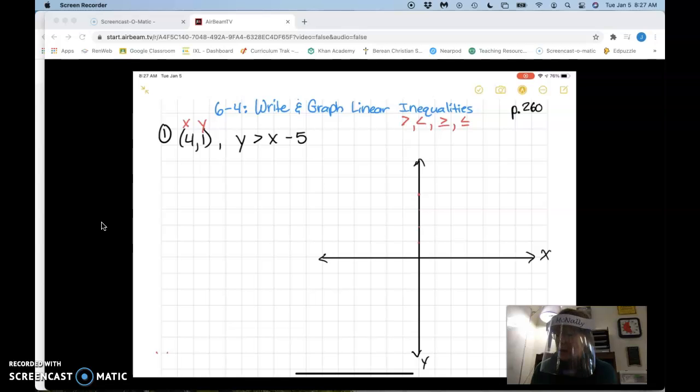So y is 1 and x is 4. And then I'm going to solve both sides if they need to be solved. The 1 can just stay the same, and 4 minus 5 is negative 1. So is 1 greater than negative 1? Yes, it is. So this ordered pair is a solution for this equation.